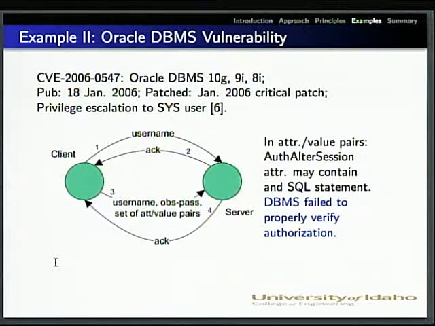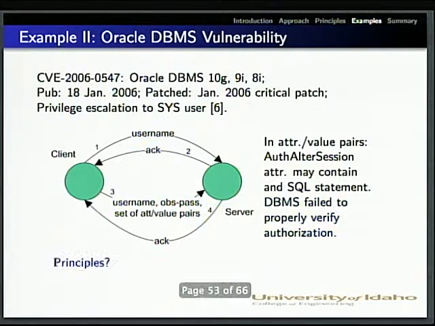It did verify authorization after you were logged on, whether you had permissions to do something or not, but it did not verify that you had authorization to run that particular SQL statement included as part of the logon process. And not only that, it ran that SQL statement with what are called sys or system privileges. Meaning, if you're a normal user, you could run an SQL statement at the system level to create another user and then log on as that user with all the privileges you would want to have.